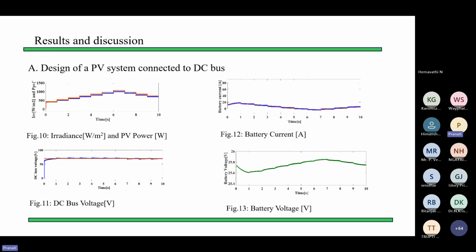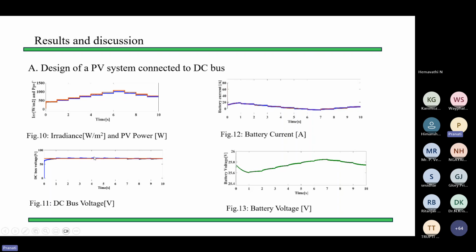I have taken 0 to 10 seconds as the simulation time. You can take about 5 seconds or 15 seconds also, depending on the speed of your system. Then DC bus voltage, you see, whenever we change the irradiance at any position, see, this blue line is the change in the irradiance.